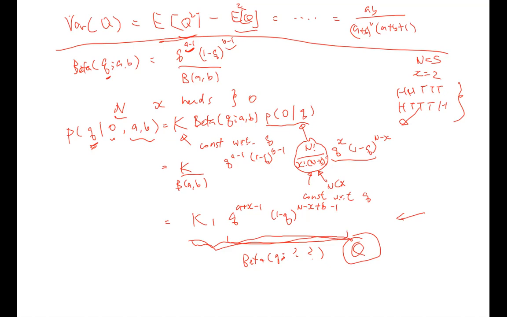So this will simply be a plus x and b plus n minus x, right?